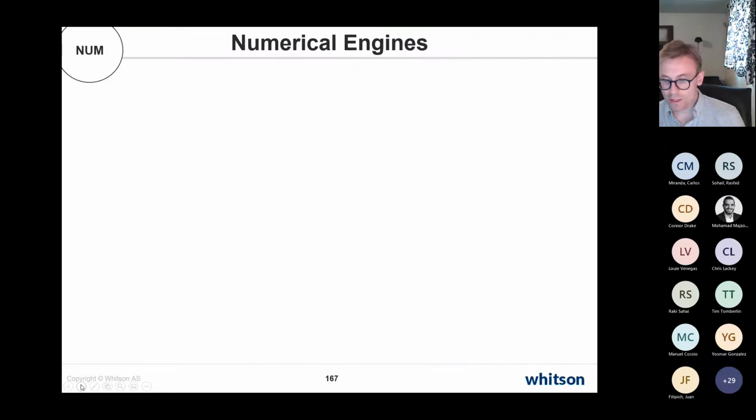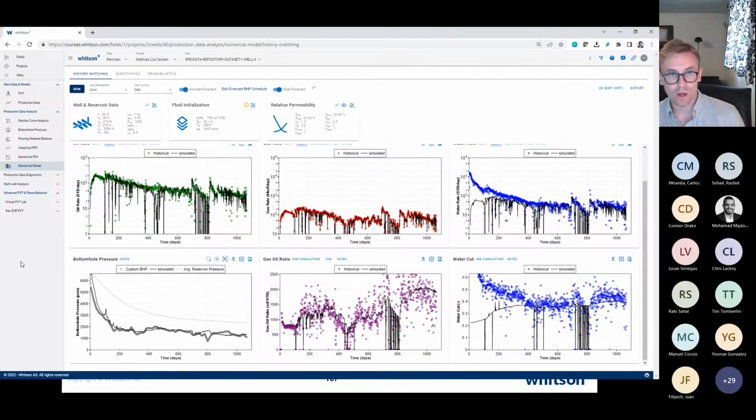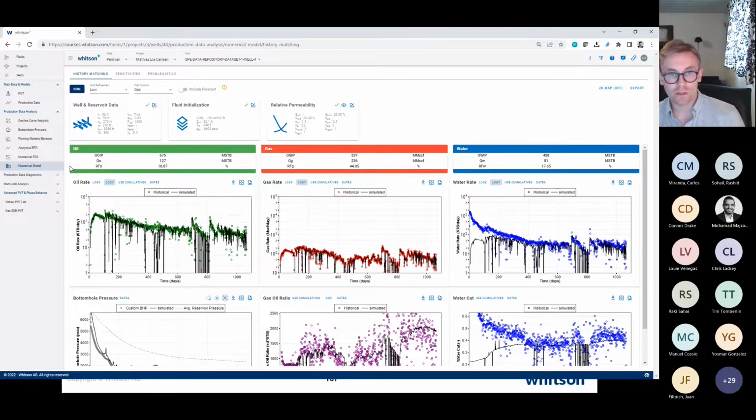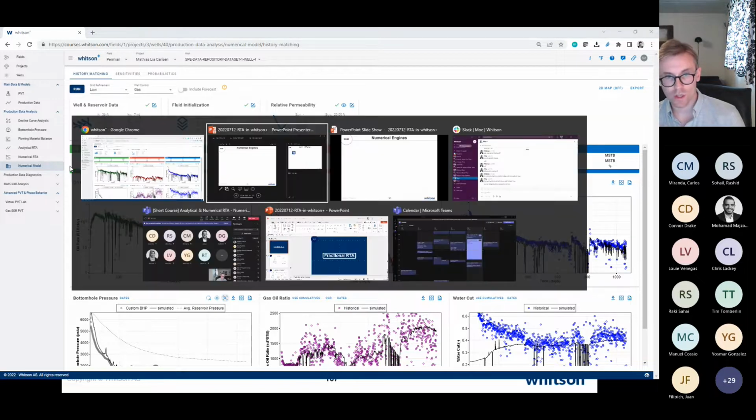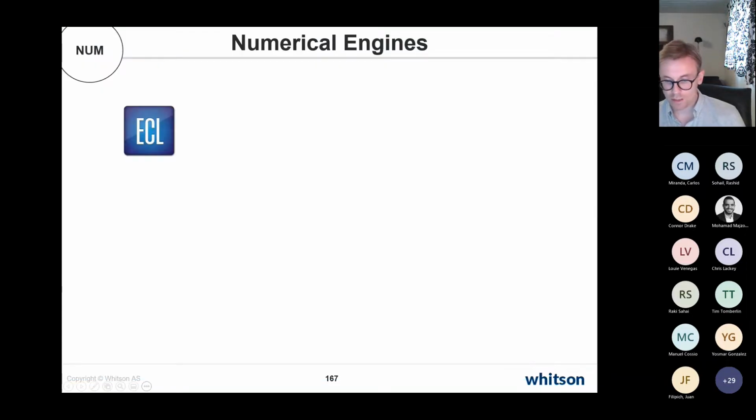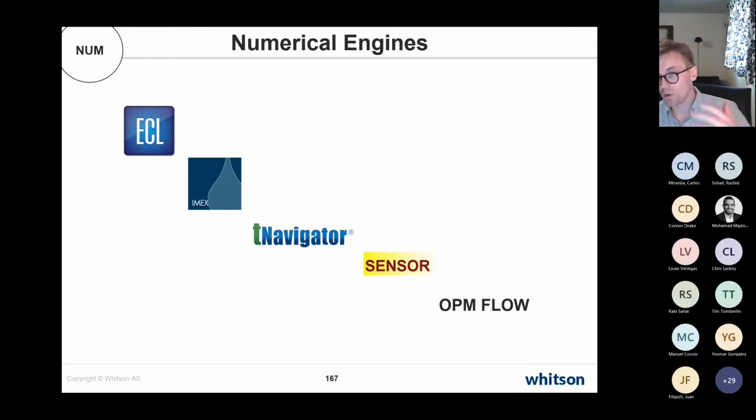Behind the scenes here, when you're running a numerical workflow, you need to have a numerical engine running it. We have one in Whitson Plus, but in reality, as long as it's a full physics reservoir simulation engine, for instance, Eclipse, CMG IMEX, tNavigator, Sensor, OPM Flow, you name it, you'll get exactly the same results.